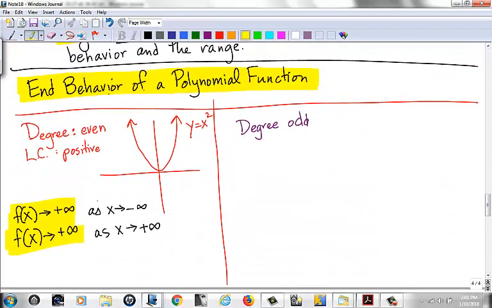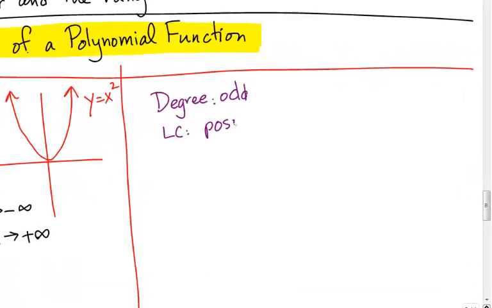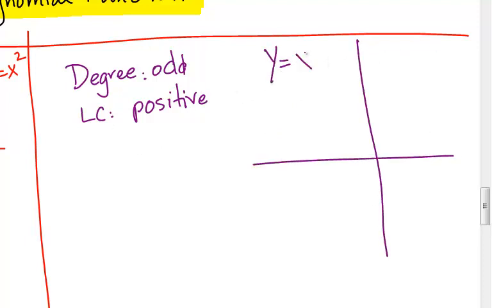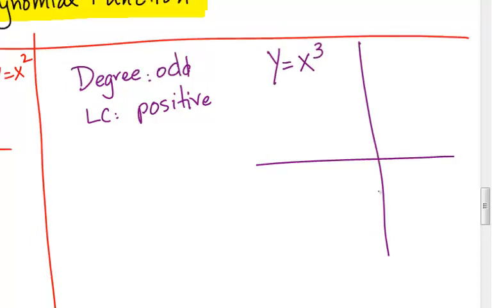Okay, now let's go back up to odd. If the degree is odd and the leading coefficient is positive, that's going to be like graphing y equals x cubed. Your graph looks like this.